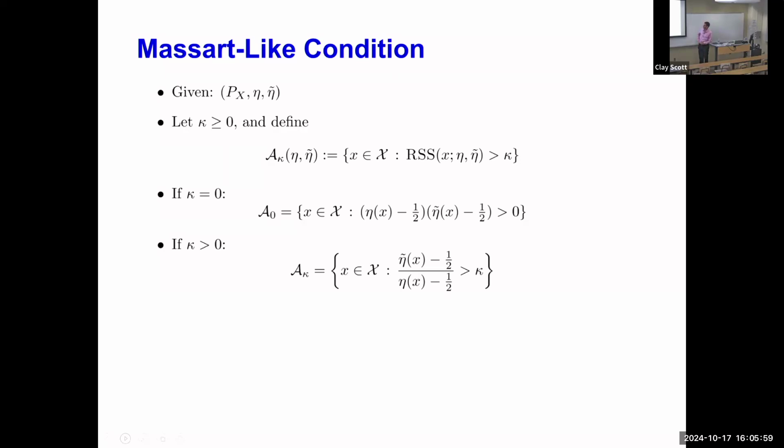In Massart's condition, we assumed the signal strength was greater than some constant. Here we're assuming the relative signal strength is greater than some constant. So if kappa is 0, this is just the set of all points where the clean and noisy Bayes classifiers agree. If kappa is positive, it's the set of all x where this ratio is greater than kappa.